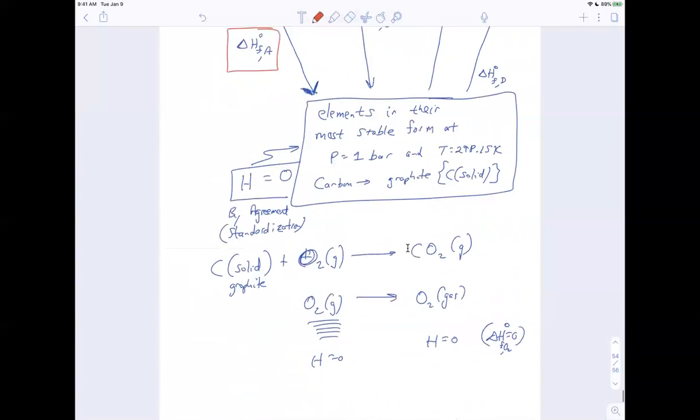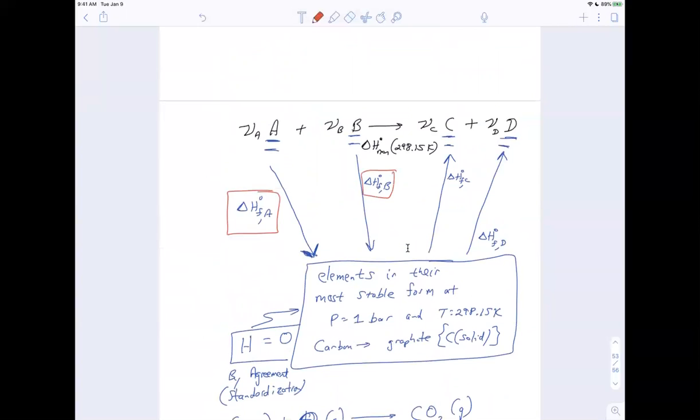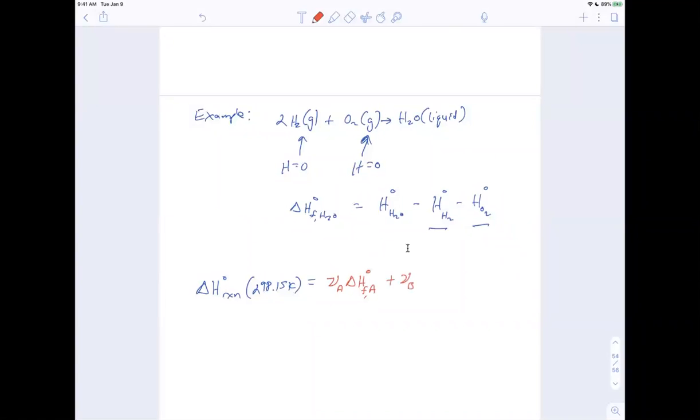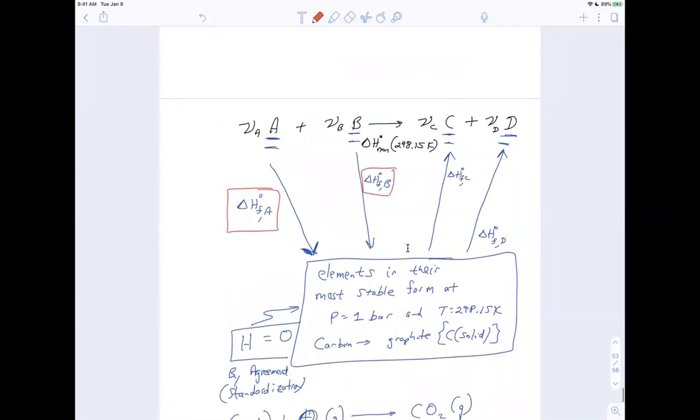Okay, then we're going to have this guy. Okay, we're going to have nu sub B times delta H of formation of B. Plus we'll have nu sub C times delta H formation of C plus nu sub D times delta H formation of D. Okay, so those are the contributions that we would have for delta H. Okay.